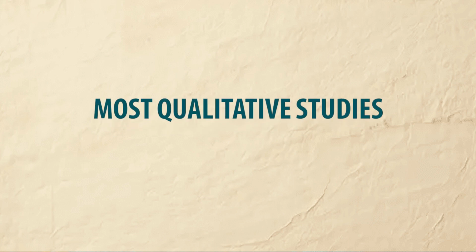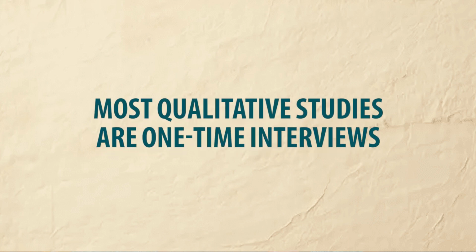You want to make sure you explain the time and scope of your research. Typically, a qualitative study is a one-time interview. There are approaches, action research is one we haven't talked about, where many times you have interviews at a beginning, middle, and even end of a process. But more often than not, we're talking about a one-time interview.